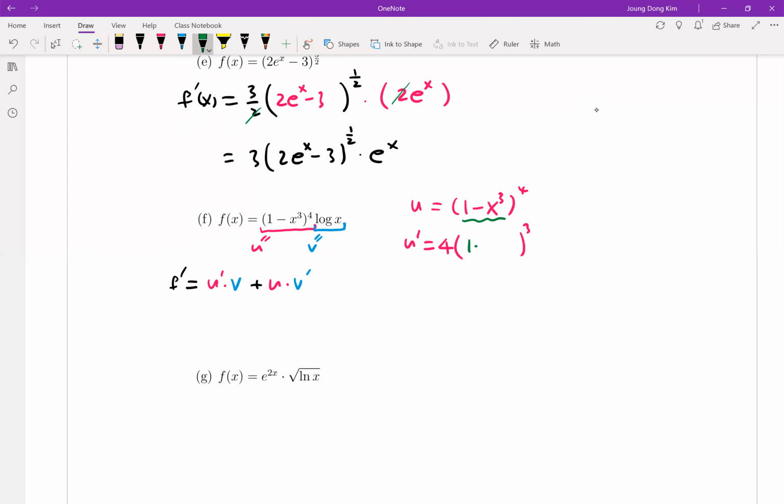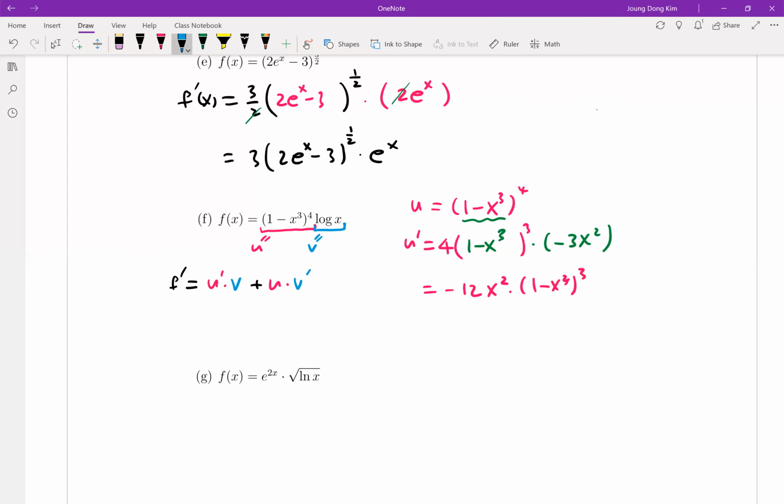Whenever you write your inside function, you have to multiply by the inside function prime, which is minus 3x squared. If you want to simplify, you can, just with numbers. It is negative 12x squared, just reordered this way. That's enough, or you don't have to do it.